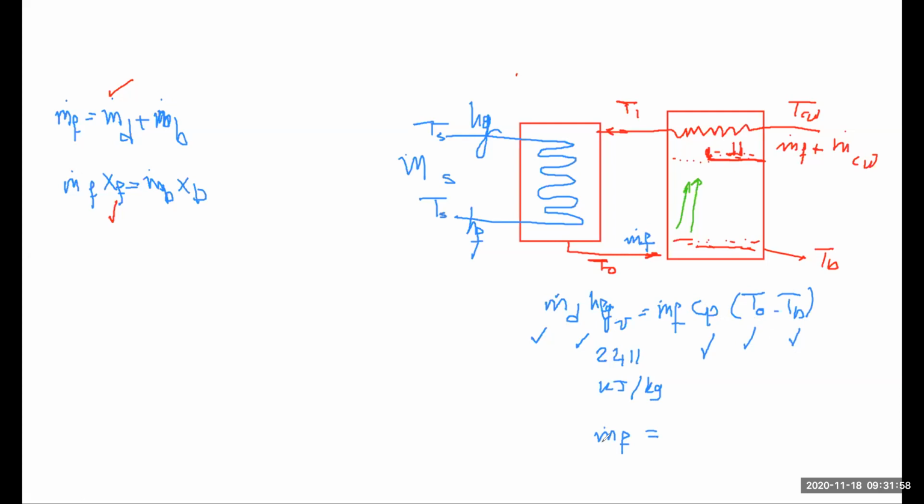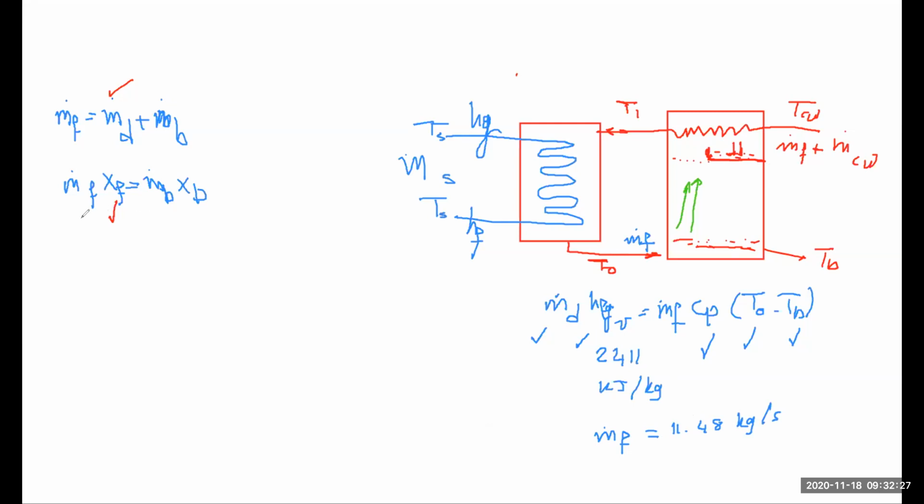You solve for m dot feed in this case, and the value of m dot feed that you are going to bring will be 11.48 kilogram per second. Wow. So you have introduced 11.48 kilogram per second to bring you only 1 kilogram per second as product or distillate.